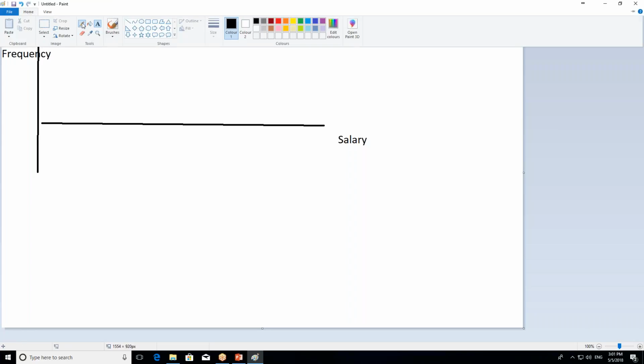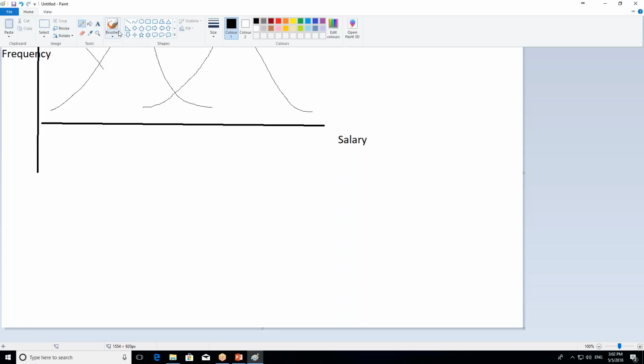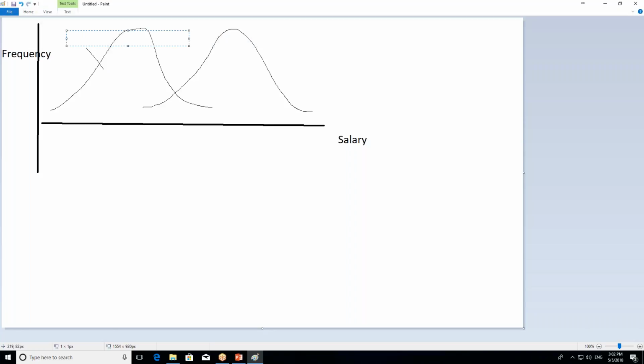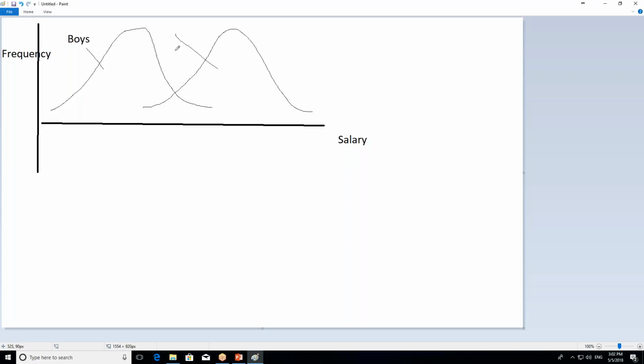And then when I plot the data of individual salaries against the frequency for each gender, male and female, I get one distribution for male, or boys, and another distribution for girls.